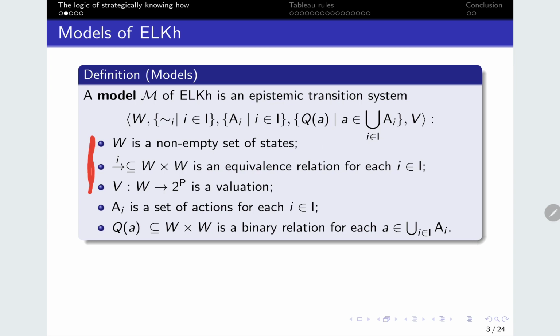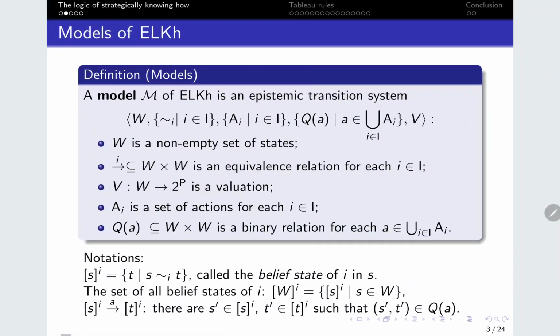Besides the epistemic model, it also has some information about actions. The set Ai is the set of actions that the agent i can do. And for each action a, Qa is the action relation.